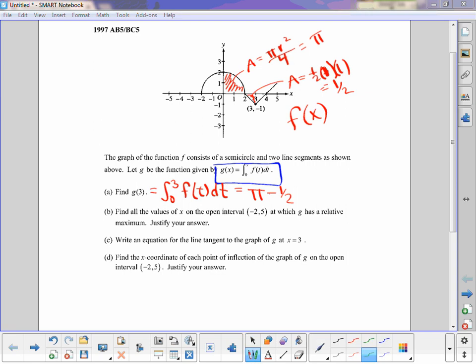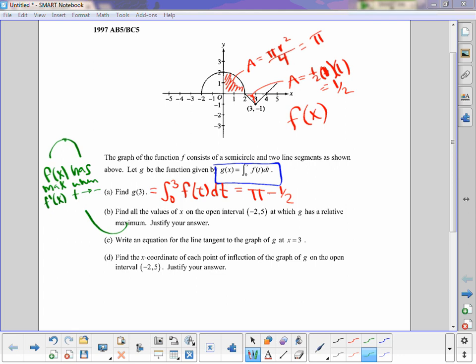So my justification for a maximum is that f of x has a maximum when my derivative goes from what to what? Positive to negative, right? That's what gives me my top there. Positive slope to negative slope. Okay, so that's what we're looking for.